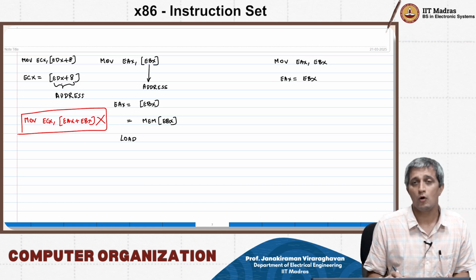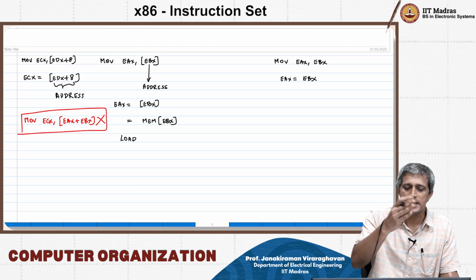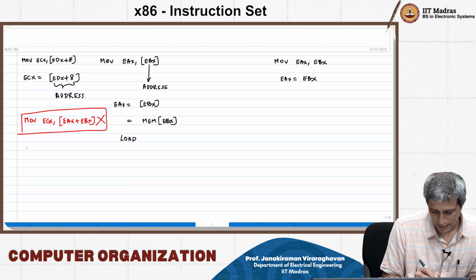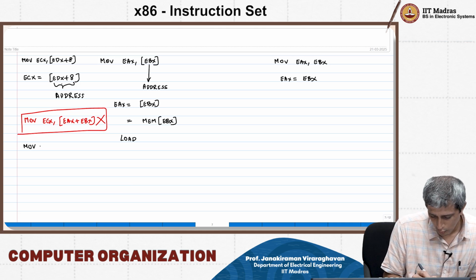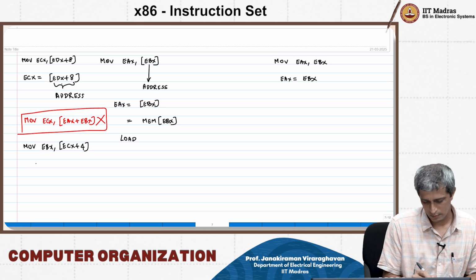Okay. Right now, all we are saying is it can be a fixed offset. So for example, I could say move EBX comma ECX plus 4. That is possible.